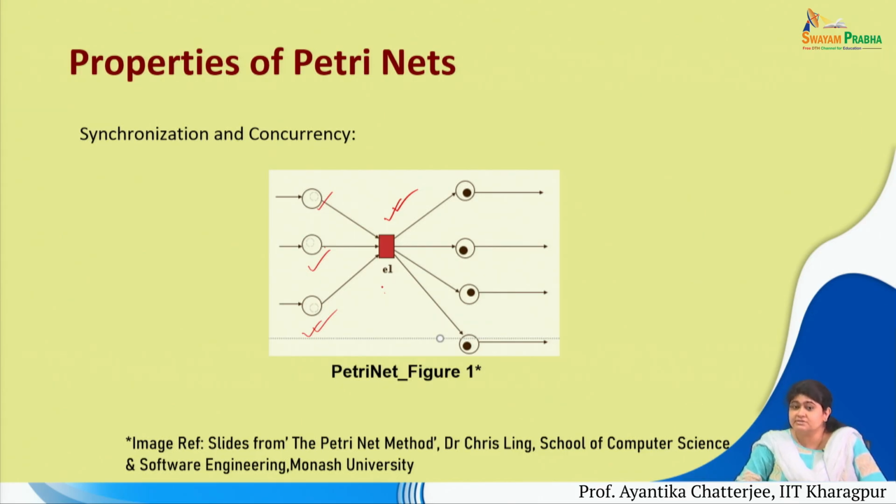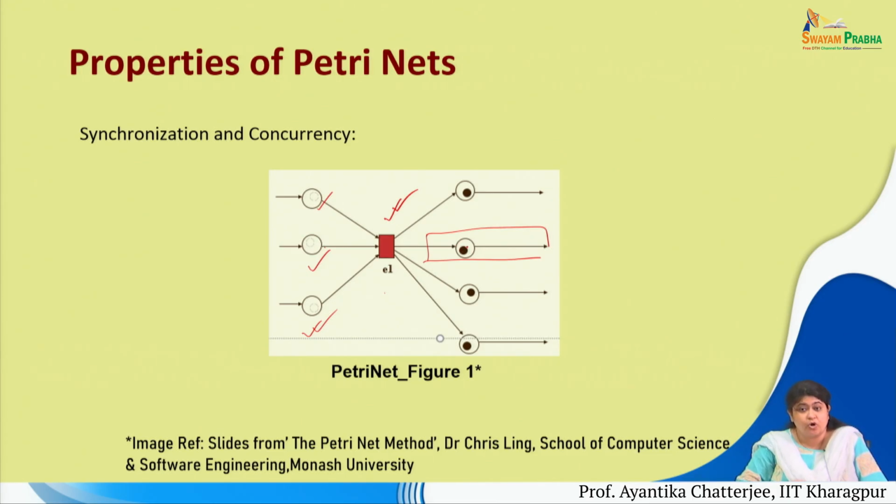The second one is the concurrency part. Concurrency means that once this transition has taken place, the output tokens may go along only a single path. Let us consider there is a single path and the output token goes there and gets placed in some output place.